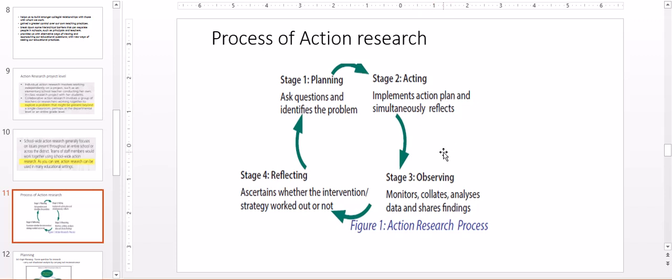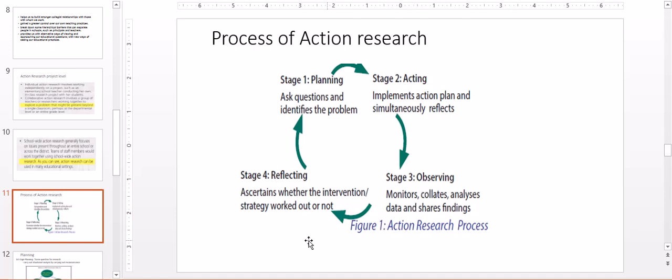Now, once the action research is being carried out, teachers observe and monitor what happens to the learners and how the students' performance is. This observation is collecting data, to see what kind of responses the researchers see in the students, in the situations, in their performance.